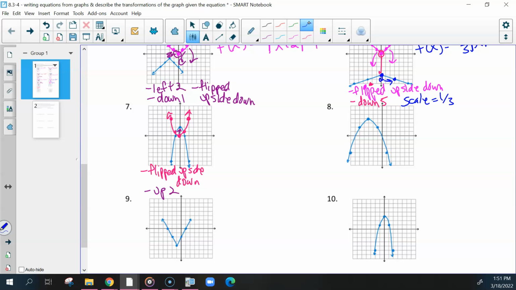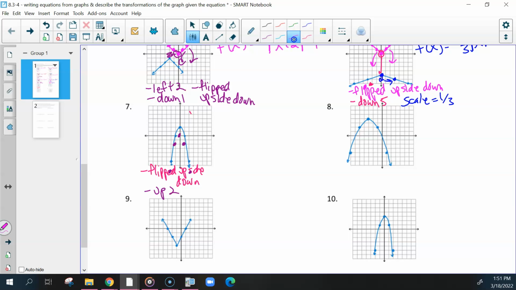Let's say it wasn't shifted up 2, and it wasn't flipped upside down. So I'm going to erase my parent function. If it wasn't shifted up 2, this would be down here, this would be down here, this would be down here. Oh wait, but I'm also flipping it upside down. Sorry. Let's do it like this first, and then we'll flip it. Okay, so this would be down here and down here.